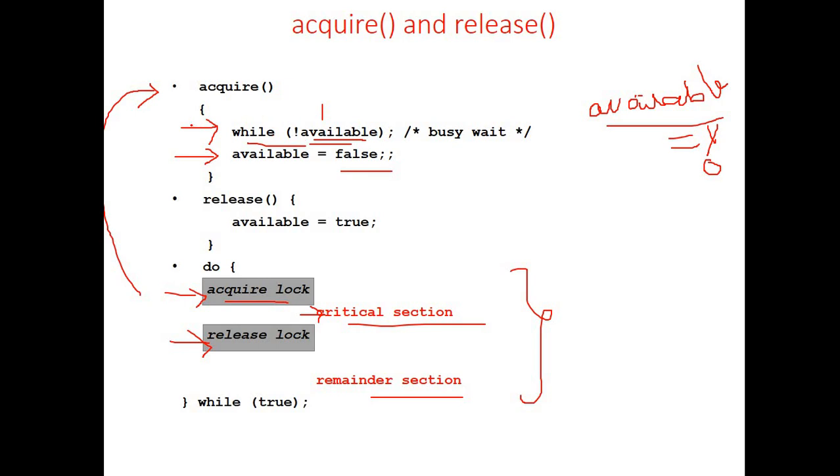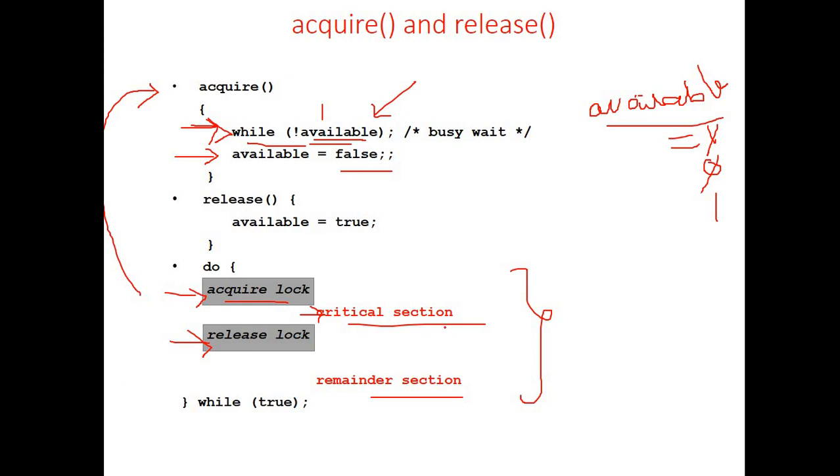So the process will keep on checking for the availability of that lock variable until some other process changes the lock variable from 0 to 1. In that way, busy waiting is encountered by the process at this while loop. This waiting at the while loop is called a spin lock.